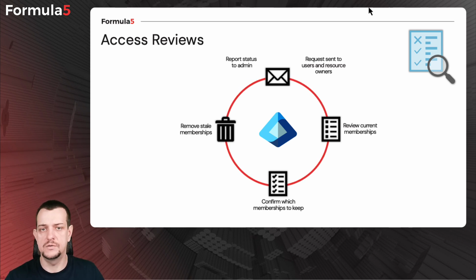Then based on the configuration, either users will do the self-review or the managers or resource owners will do the review and decide who should stay in the access, who should still have access to the resource, or who should be removed. Then based on those decisions, the next step is to either keep or remove the access, and then to send the report to the admin about what has been changed. The reason why it's important is because it can help us to have clean hygiene in our environment.